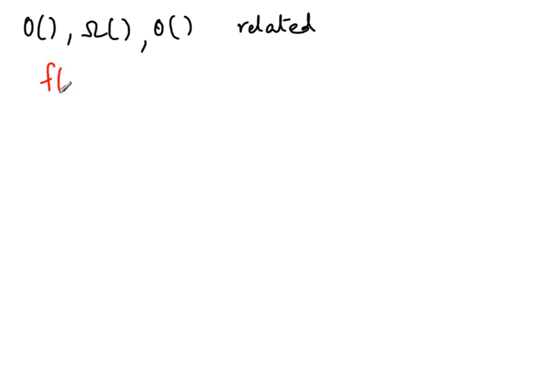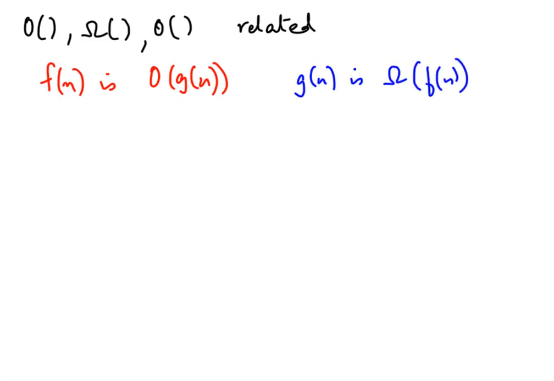So one thing to realize is that big O, omega and theta are all related. For instance, suppose we know that f of n is big O of g of n, then we claim that in fact g of n is omega of f of n. Why is this? Well, if you look at this definition, it says that there is a constant n0 and a constant c such that f of n is less than or equal to c times g of n for n greater than or equal to n0.